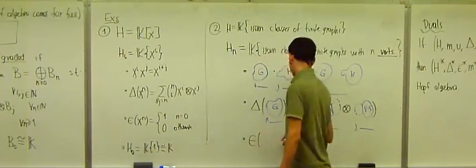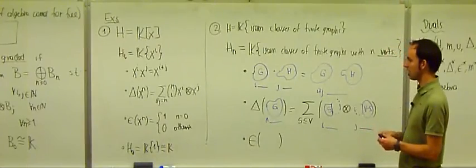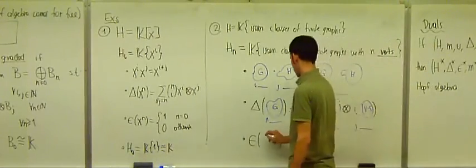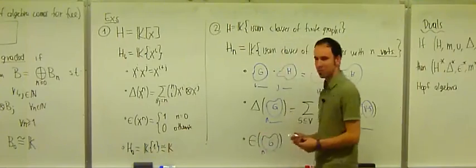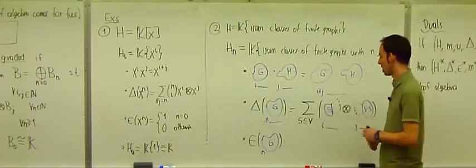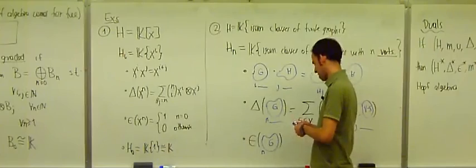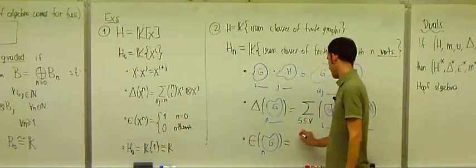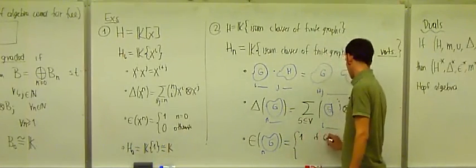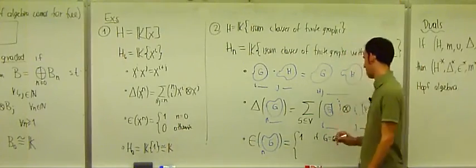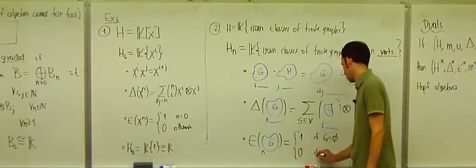And what about the last condition? We just discussed this during office hours earlier, and the only possible counit for this thing is that epsilon needs to take the graph to 1 if the graph is empty, and to 0 if the graph is not empty.